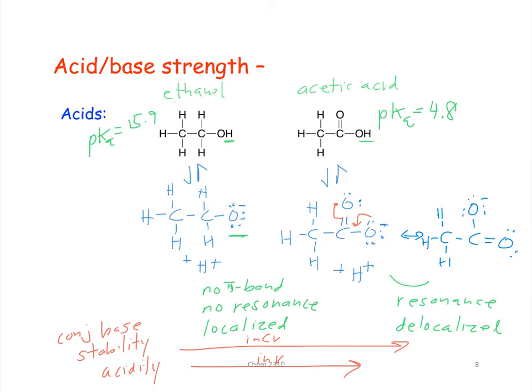The true structure is going to be a hybrid of those two, right? So what that means is the minus charge is drawn on this atom for this resonance structure, and on this atom for this resonance structure. And so the real structure would have the charge spread between those two oxygens. Okay, so let's draw out what we might call the resonance hybrid.